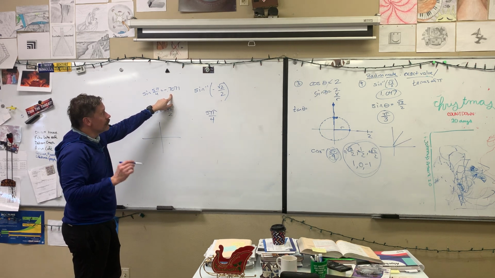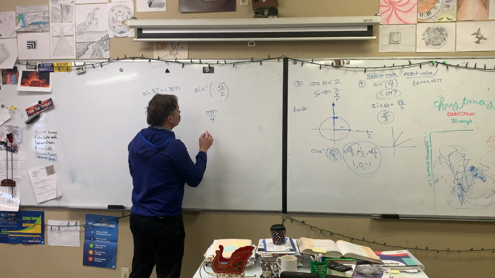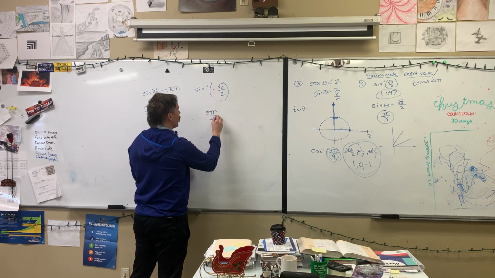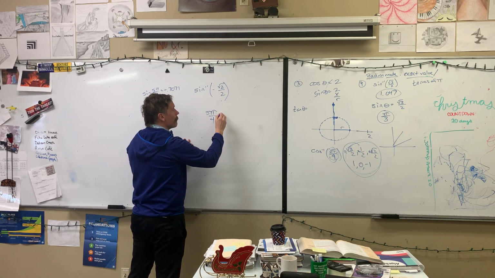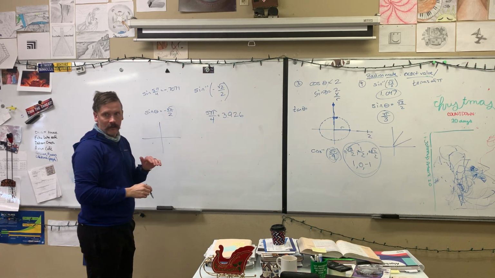Okay, good. Now, what is 5 pi over 4 in decimal form? Go ahead on your calculator, go 5 times pi over 4. 3.926, okay?